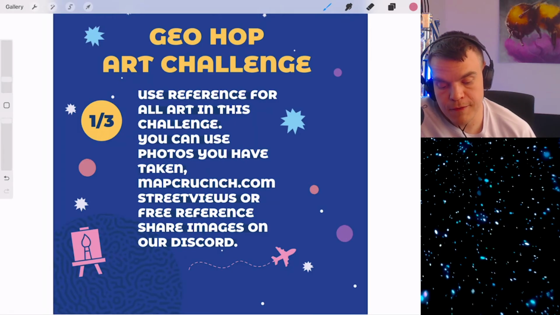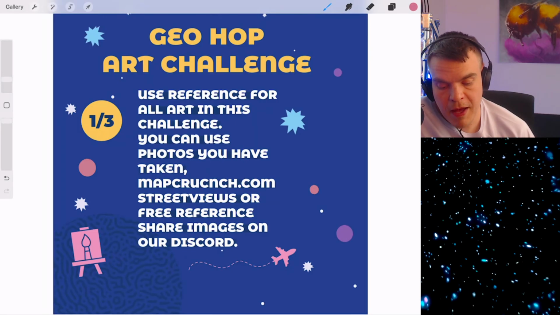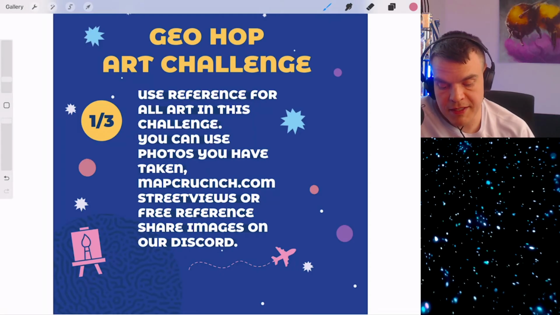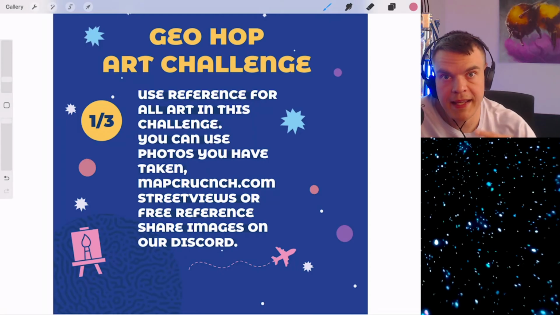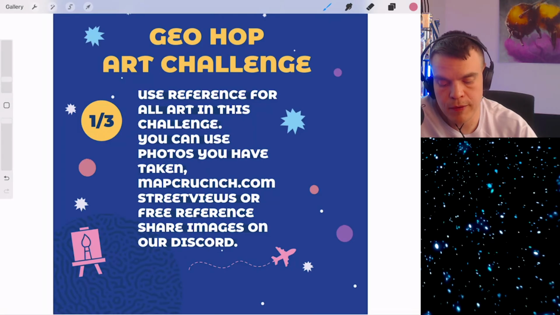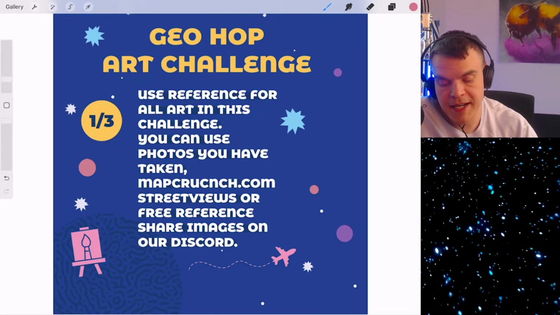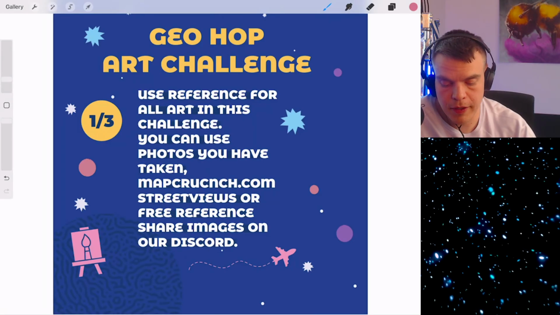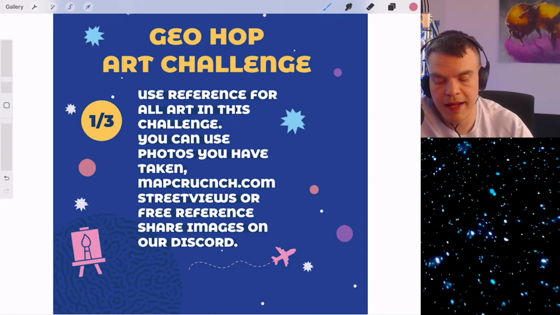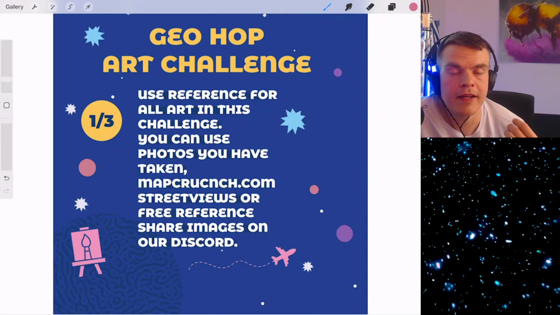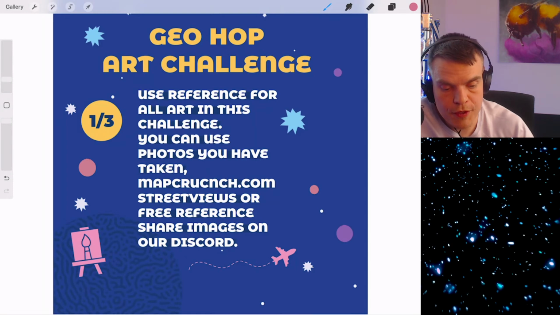You can use photos you have taken, mapcrunch.com street views, or any kind of Google Maps street views, or free reference share images on our Discord. So our Discord has a free reference share, and you can use those freely.